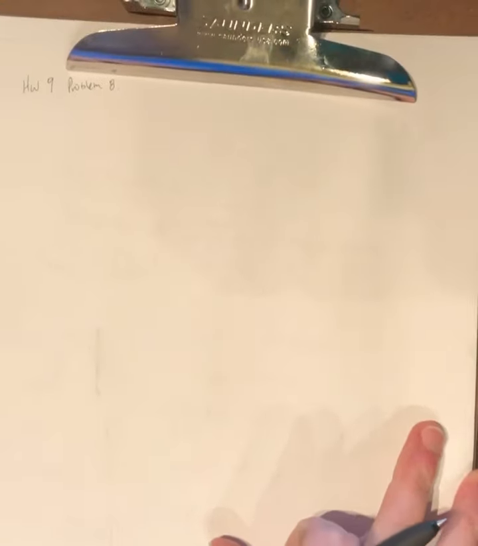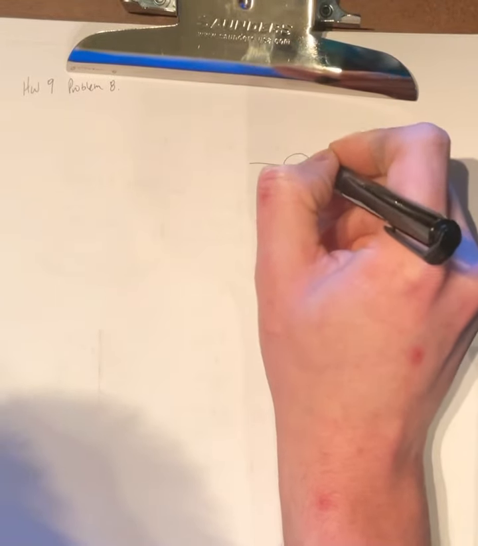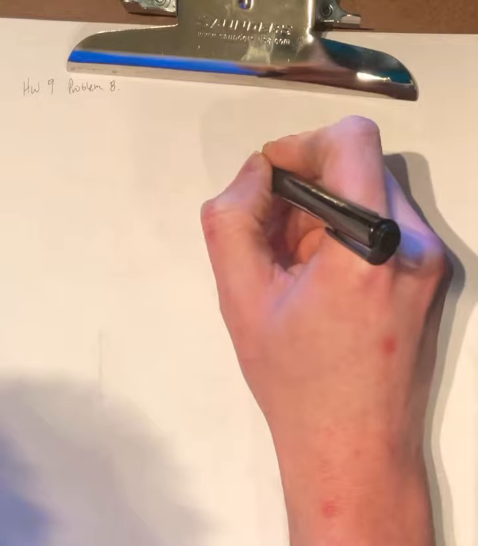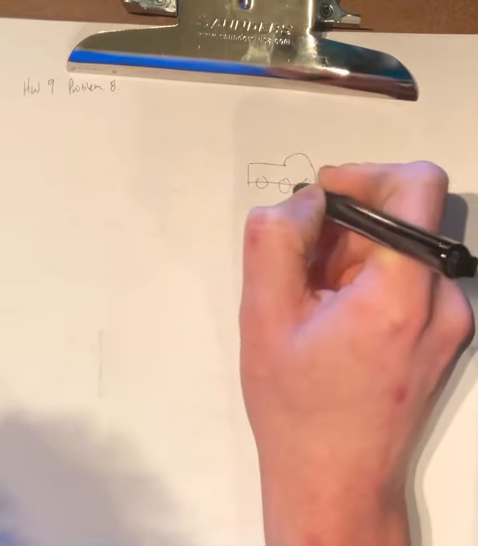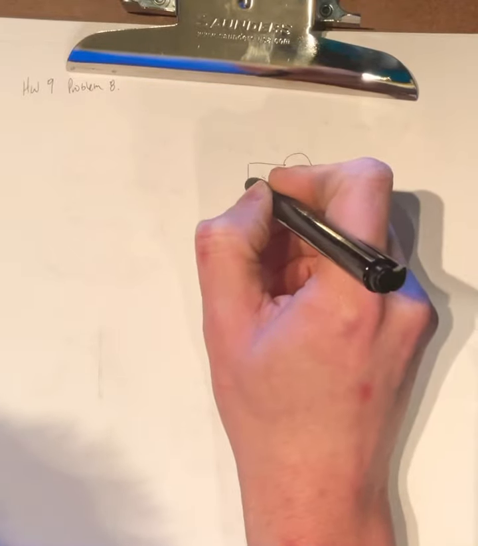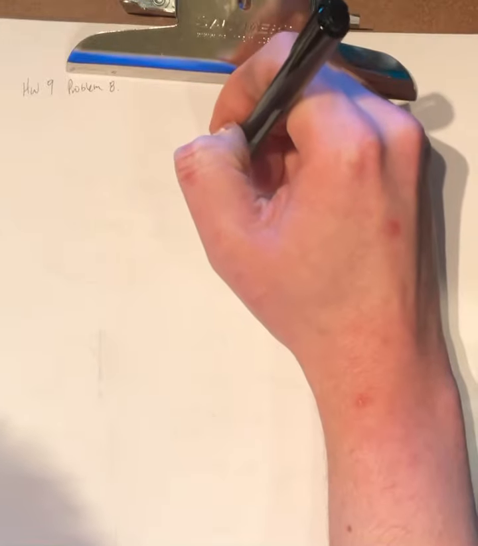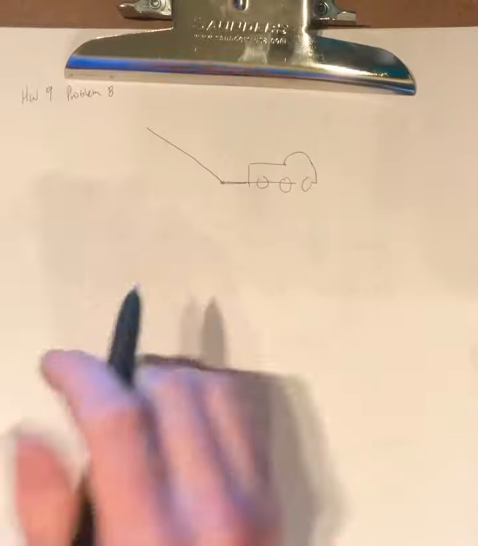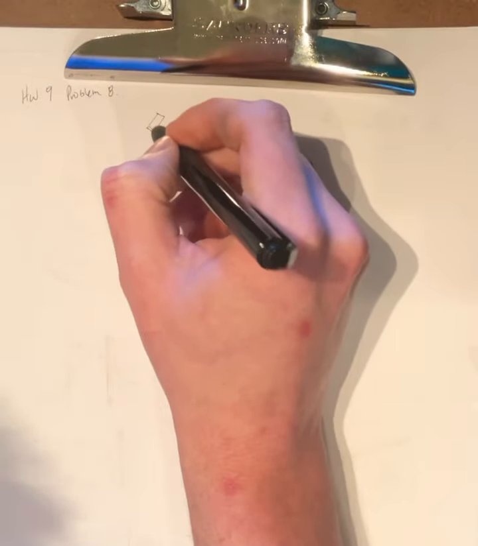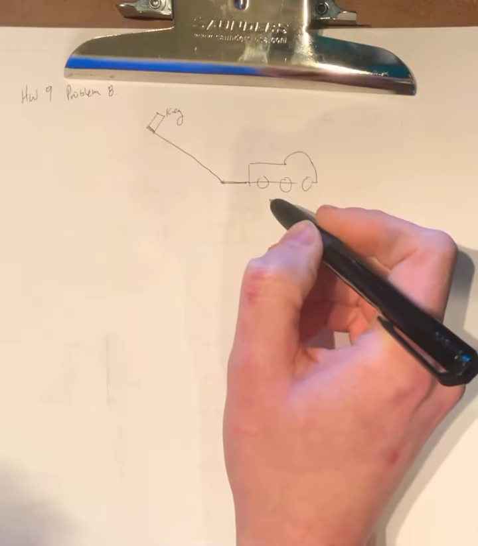So our setup should look something like this. We have, that's a bad truck, but imagine that's a truck. This is the truck's tailgate, and there's a ramp leading up a certain way, and then there's a keg of beer on this ramp, okay?